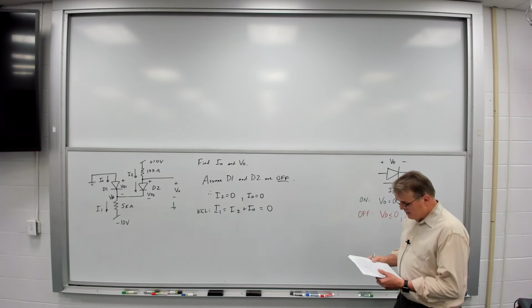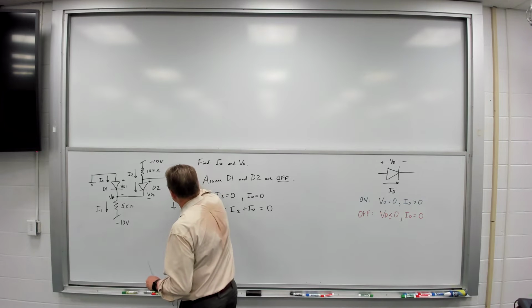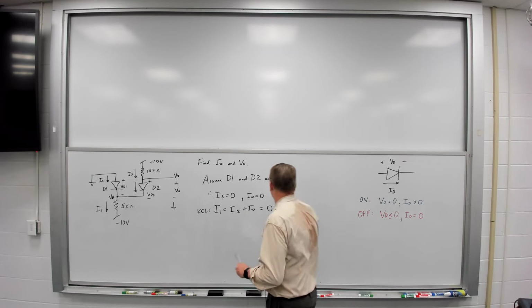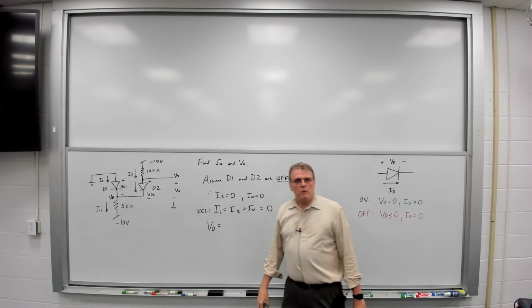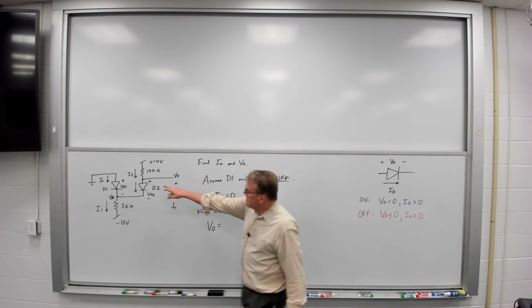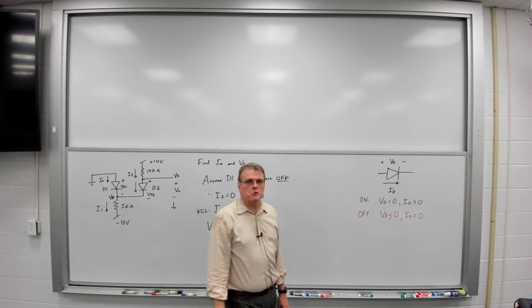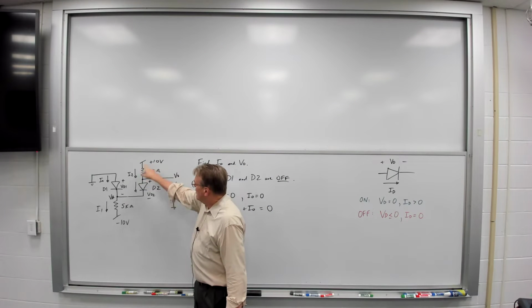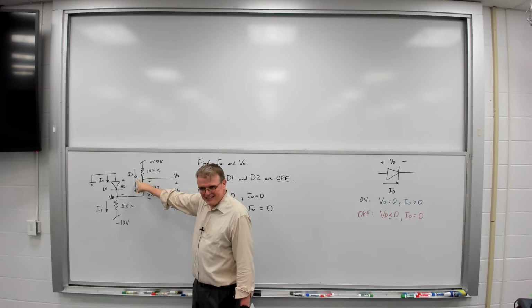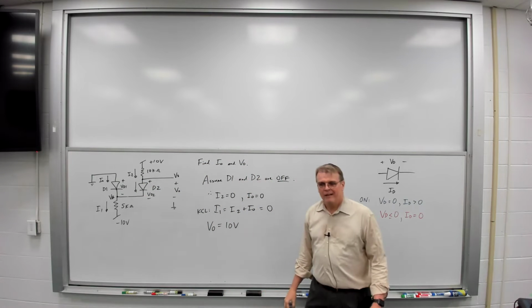Okay, so now let's do some calculations. V0 is the voltage at that node. What's V0 equal to? If I2 is equal to 0, what's the voltage drop across that 10K resistor? 0. So if I've got 10 volts at this node, what's the voltage of that node? 10 volts. So V0 must be equal to 10 volts.